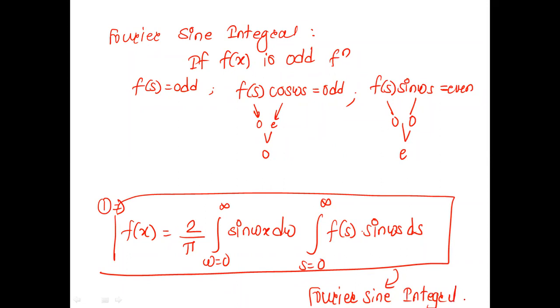So we have seen three definitions here: Fourier integral, Fourier cosine integral, and Fourier sine integral. We just collect them together and then we'll go to solve the question. So first, the Fourier integral.